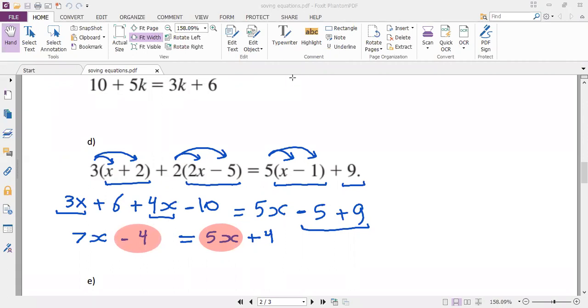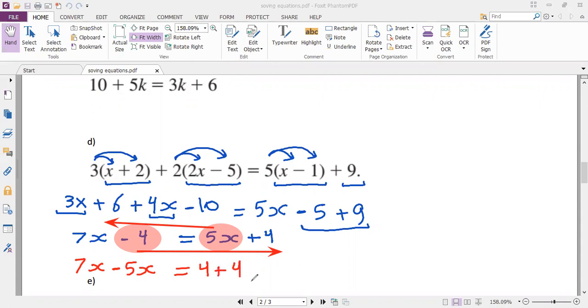So we write 7x, and moving 5x from the right side to the left side, equals minus 5x, equals, I have on the right side 4, and we are going to move minus 4 to the other side, so it changes sign, plus 4. What is the next step?